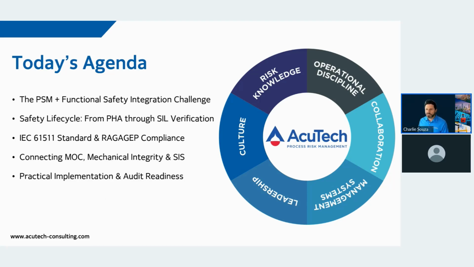But then the question surfaces: can you prove that this interlock was actually designed and tested to deliver the risk reduction you claimed? And the idea is PSM will do the HAZOP, and the LOPA should have a functional safety person within that PHA, which is an umbrella covering HAZOP and LOPA.